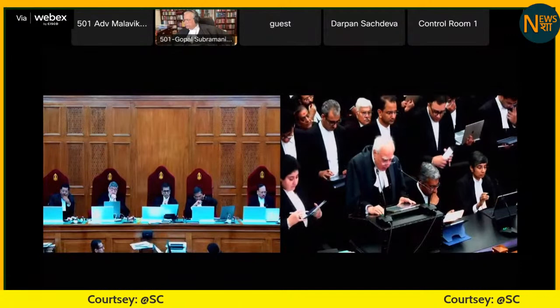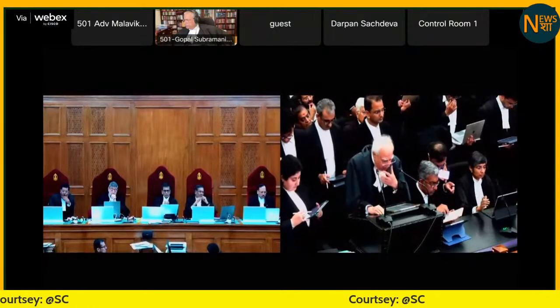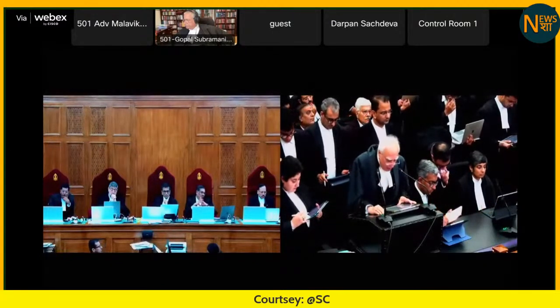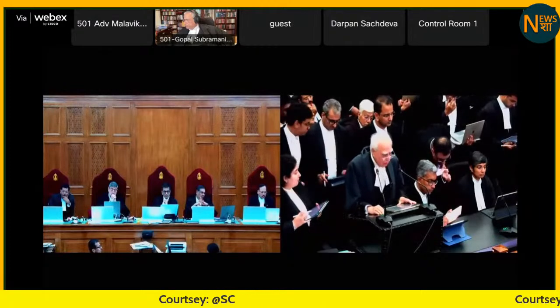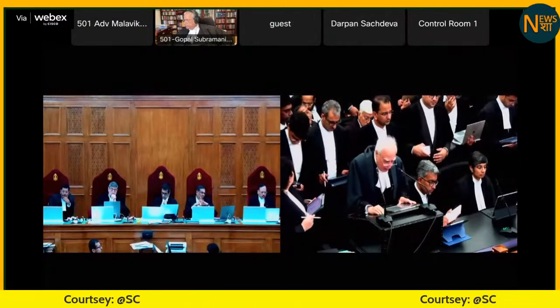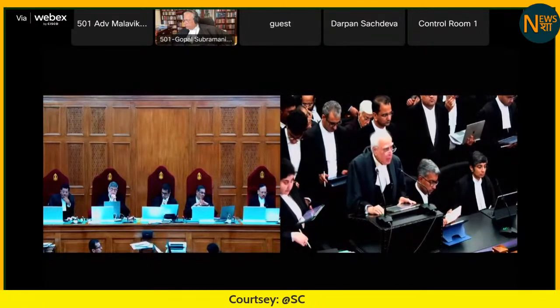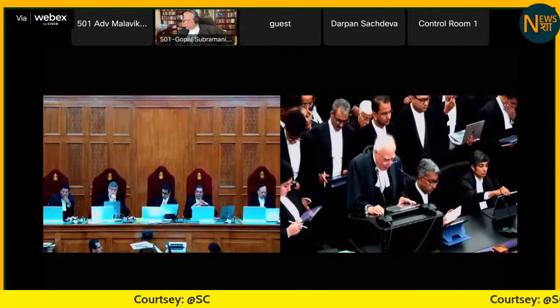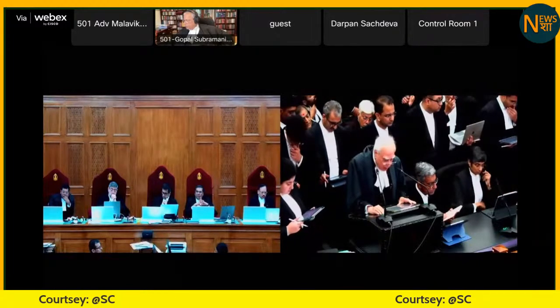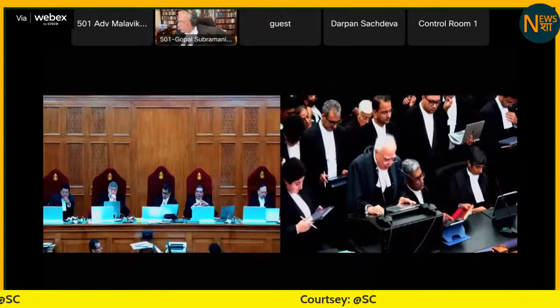To start with, the amendment of the Constitution must be initiated only by the introduction of a bill for that purpose in either House of Parliament. It must then be passed in each House by a majority of the total membership of that House, and by a majority of not less than 2/3 of the members of that House present and voting.